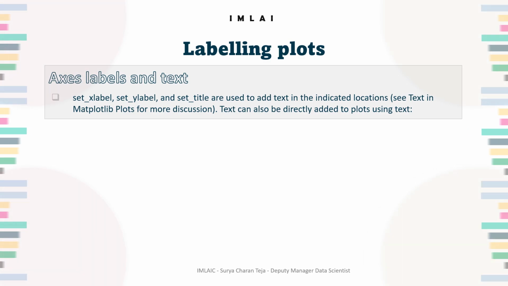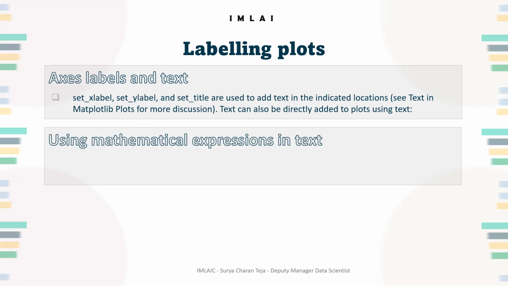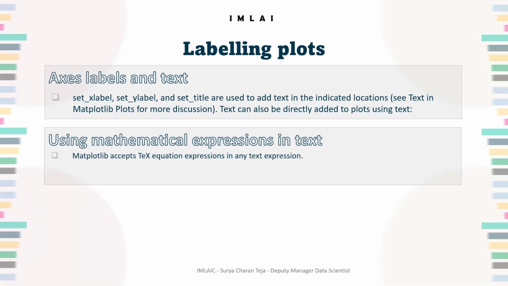Now let's try to add mathematical expressions in the text, in the title text or in the label text. Let's see how to do that. To add mathematical expressions, basically matplotlib accepts TeX equation expressions in any text expression.